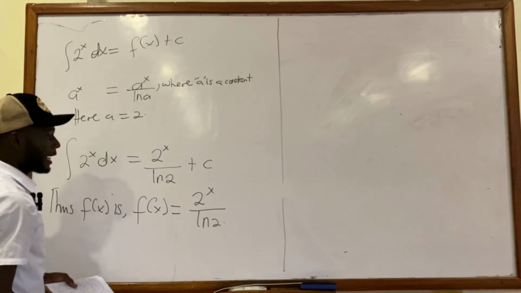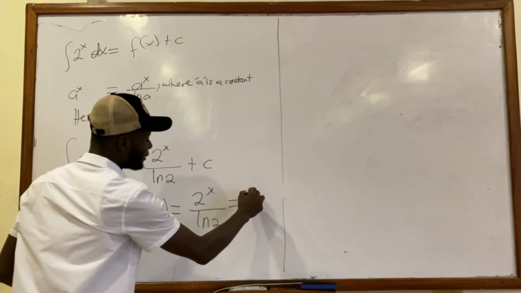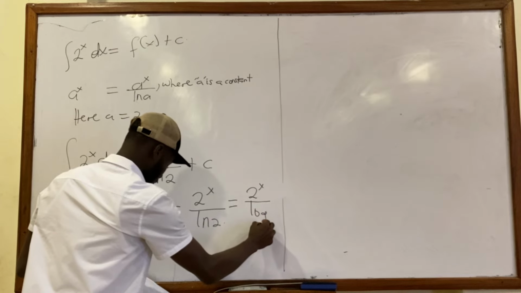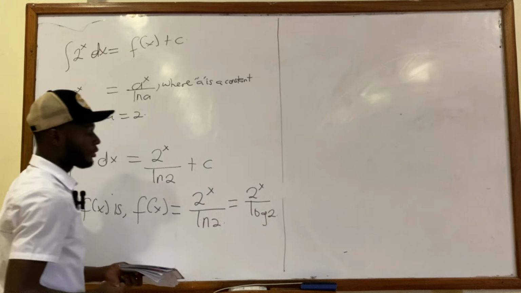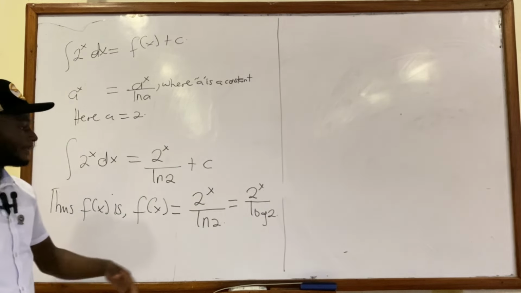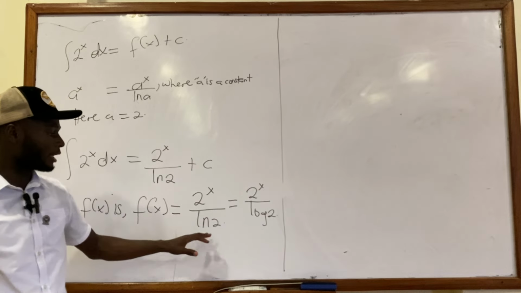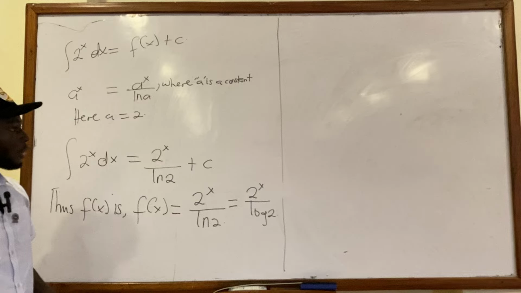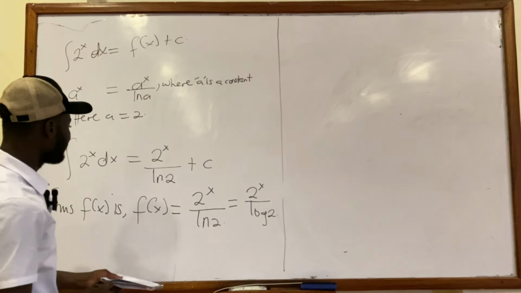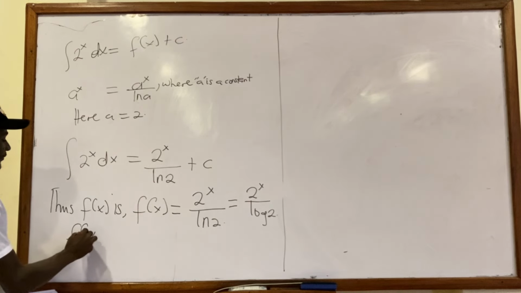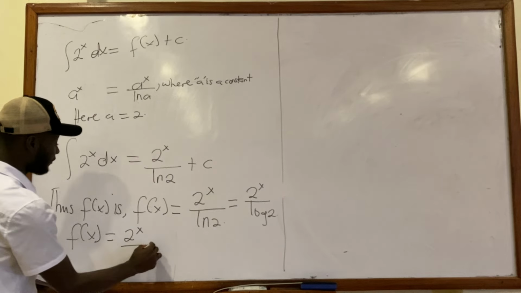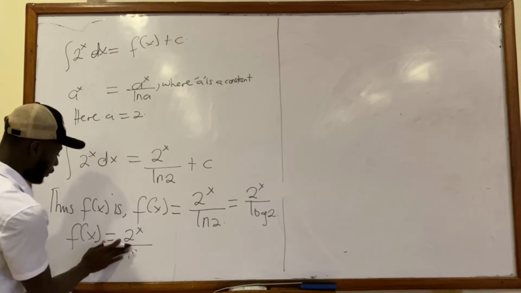And this is equal to 2 power x over log 2. We already know that ln is the same as log, so ln 2 is equal to log 2. Therefore, f of x is equal to 2 power x over log 2.